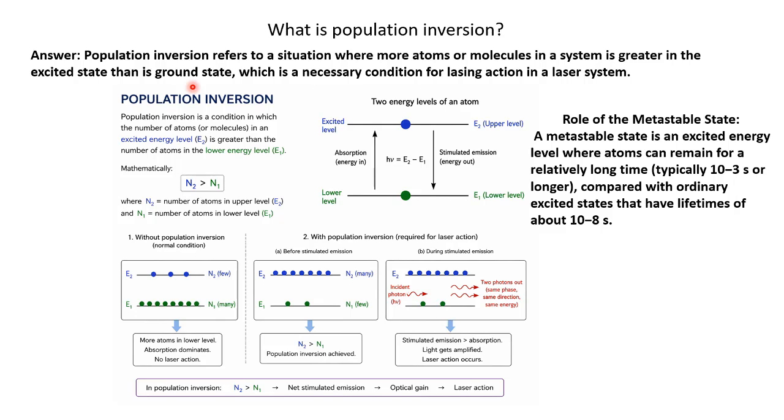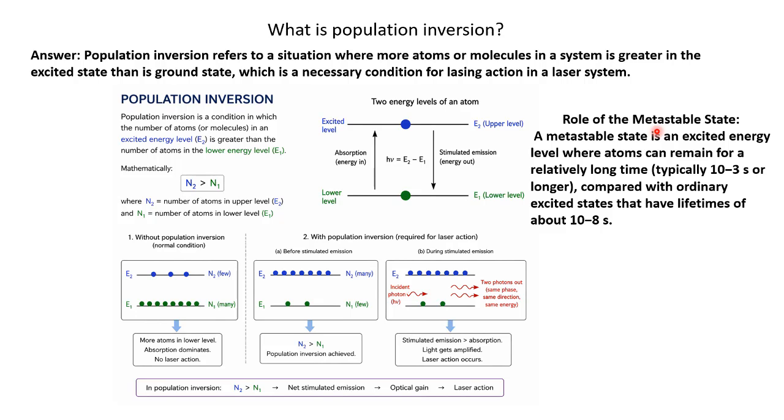This is essential for laser action. Normally, according to thermal equilibrium, most atoms remain in the ground state and only a few occupy higher energy levels. Therefore, achieving population inversion requires a special mechanism where the metastable state comes into play.